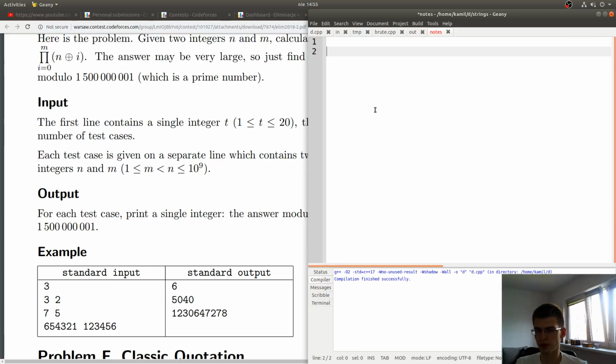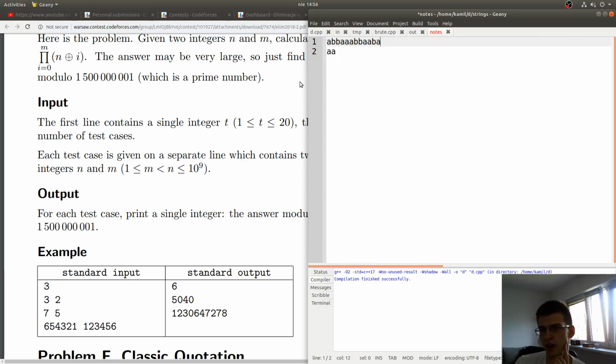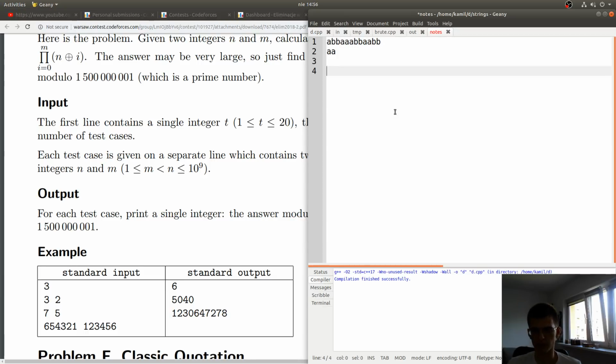For example, if the small string is AA and big string is something like this, and then what is alive is this part, so the last 2 b's and the first, let's say, 5 characters, then what we have is these 5 characters and BB from the suffix, and the number of occurrences is 1.